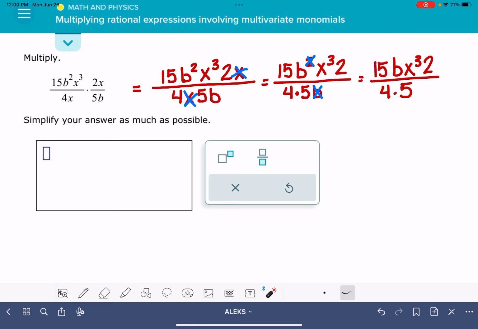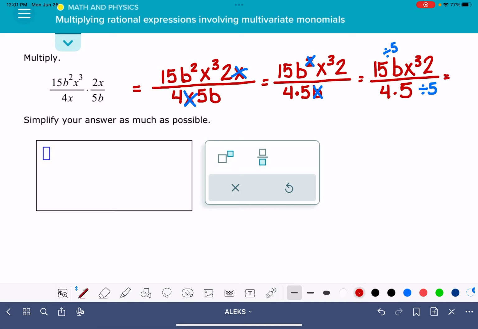The last thing that I need to do is simplify the numbers, the numerical portion of this problem. And so what I'm doing is looking for greatest common factors between the numbers that are already present. So for example, the 15 and the 5, they share a common factor of 5. So what I could do is divide both the numerator and the denominator by 5.